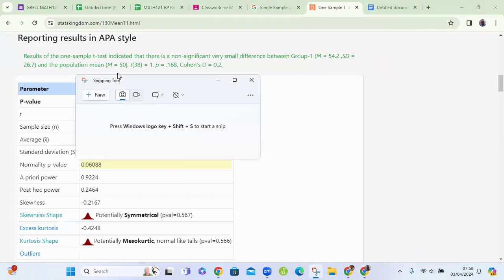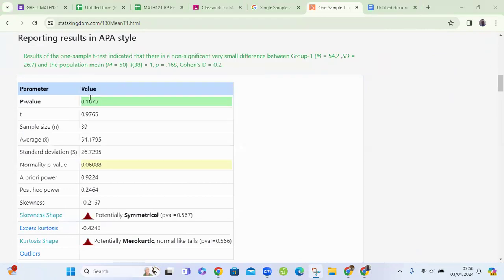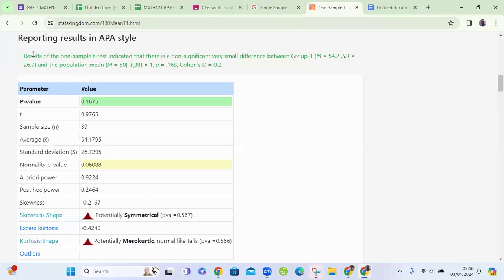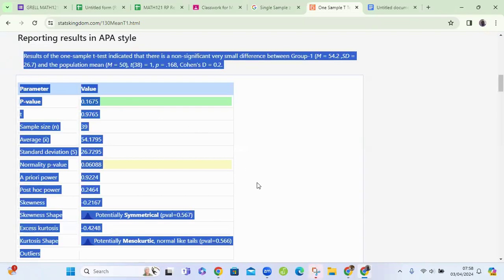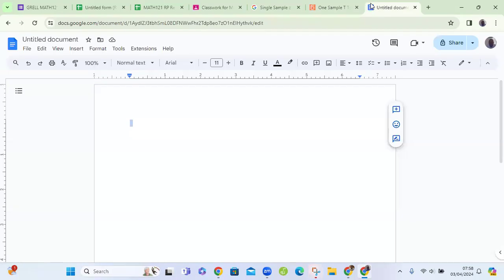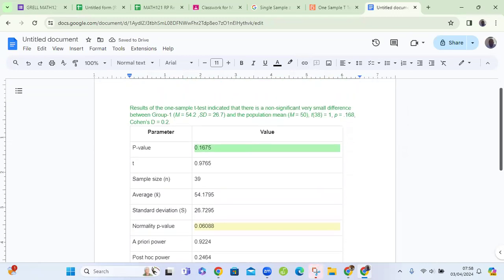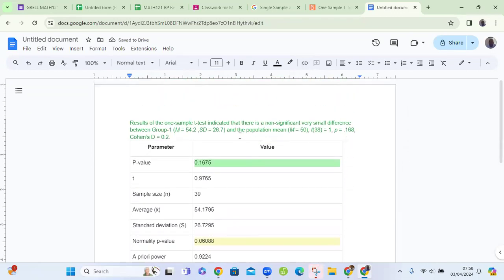So we have everything that we need. We can simply copy this and paste it into our worksheet. Oh, by the way, we can take a look at reporting in APA style. Let's copy that also. Let's see if the table will copy directly. Yes, it does. And we have the APA style format to report.